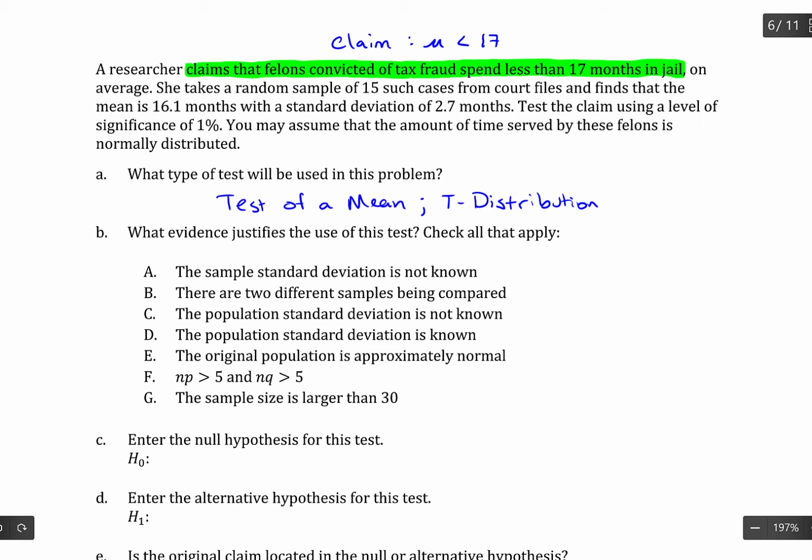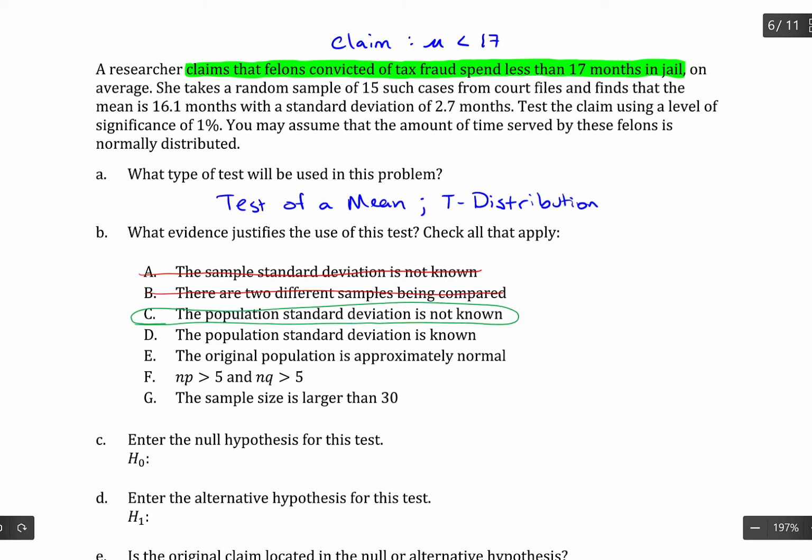Let's go through and check off the ones that count in Part B. The evidence that justifies the use of the test: the sample standard deviation is not known. Well, the sample standard deviation is known, so that's no good. There are two different samples being compared. That's not true. The population standard deviation is not known. That is true, so we'll check that.